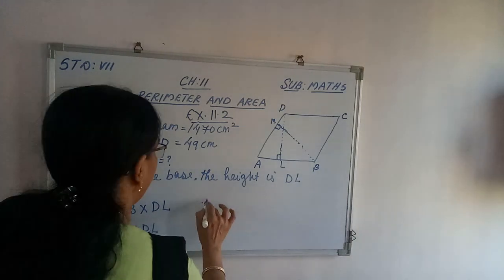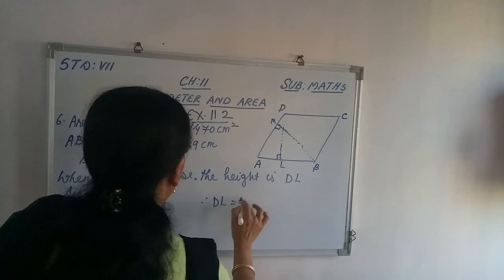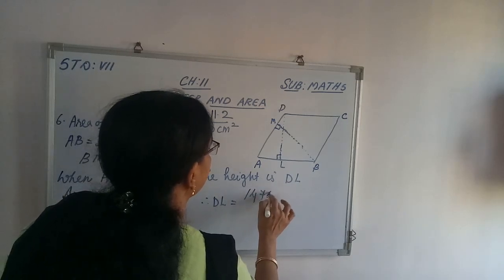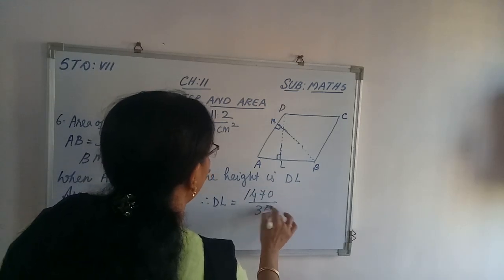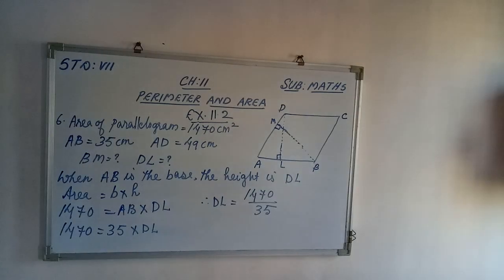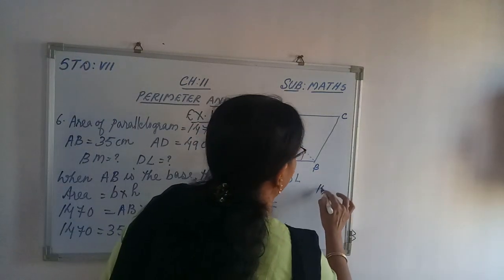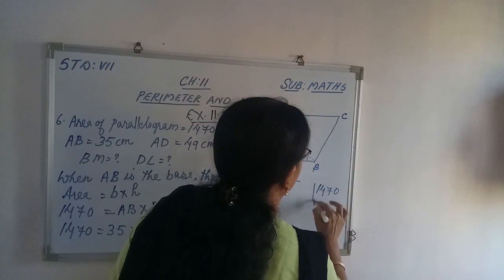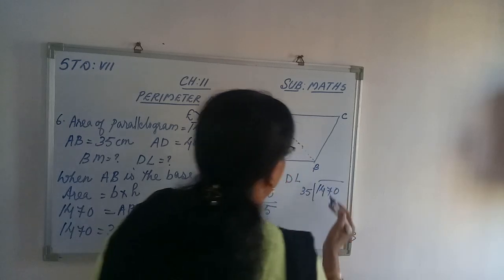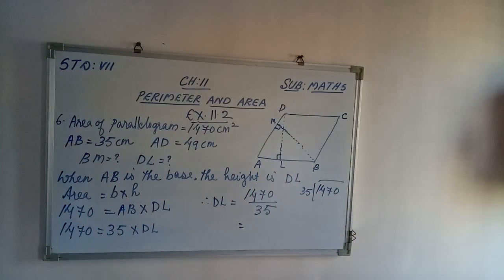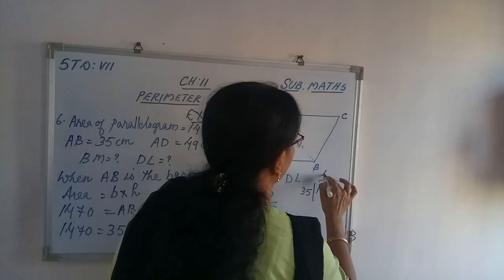Therefore, DL is equal to 1470 divided by 35. Divide 1470 with 35. If you want, you can divide: 35, how many times? 4 times.